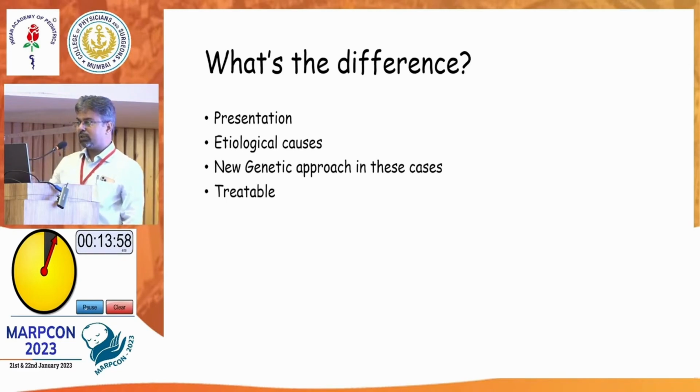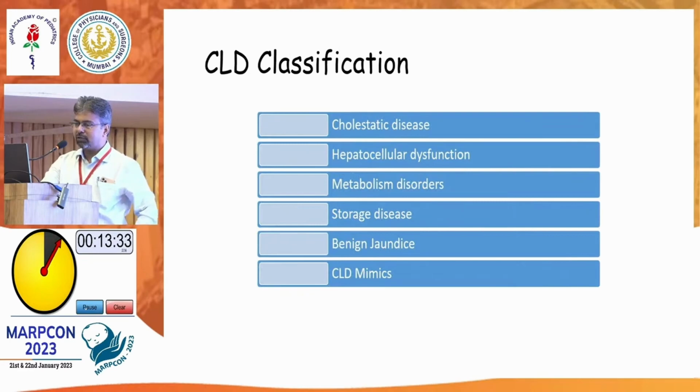You will come to know in a couple of minutes why the etiological causes are different from neonatal cholestasis, and what we prefer. We were discussing in the morning how we have to cut down on the cost and the number of tests to get a pinpoint diagnosis of these cases, and what the treatable options are in them.